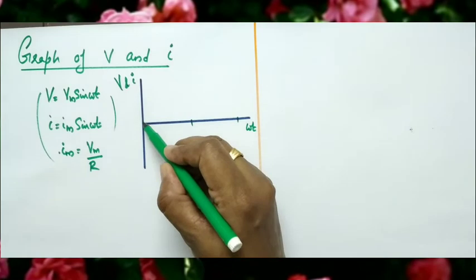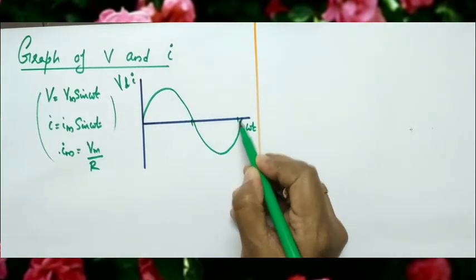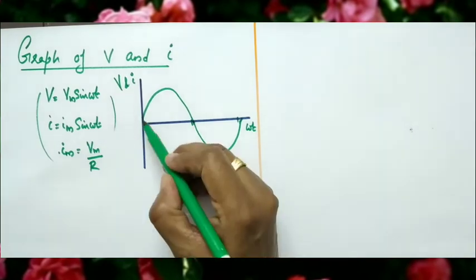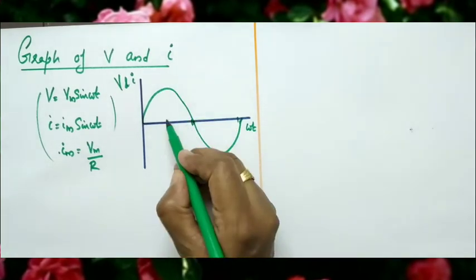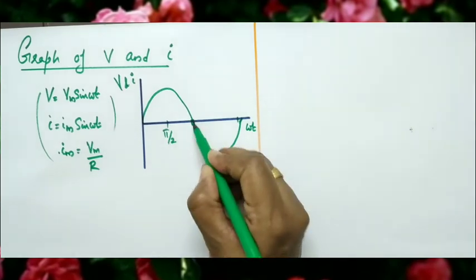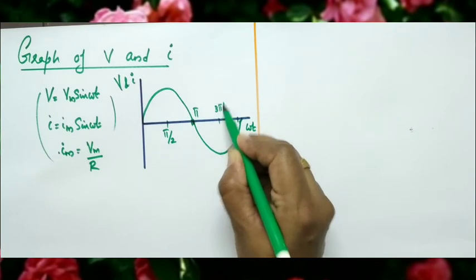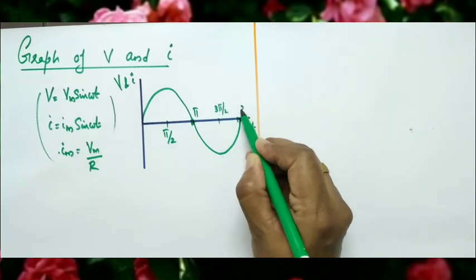Voltage is represented like this. From 0, this represents the maximum value at pi by 2. Here this value is pi, the next is 3 pi by 2, and this value is 2 pi.